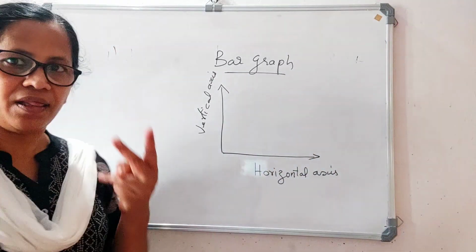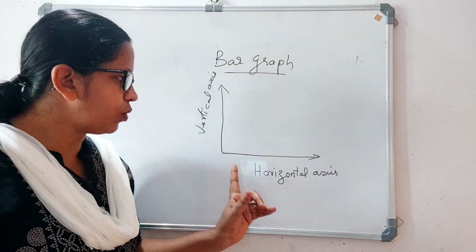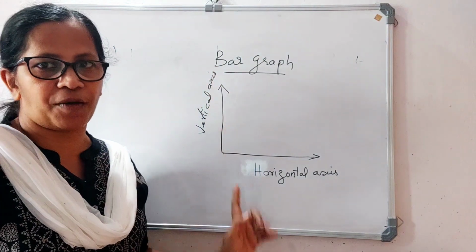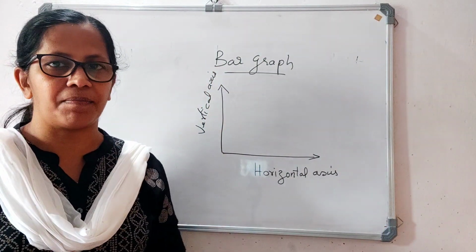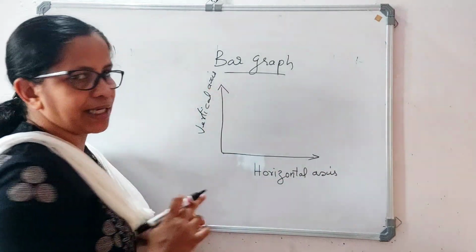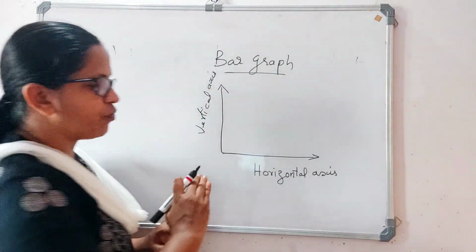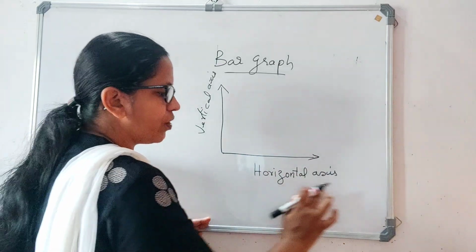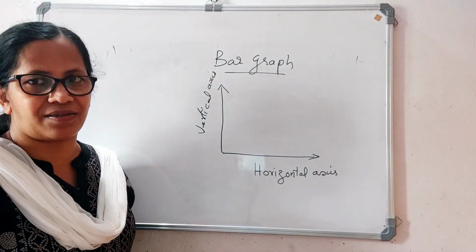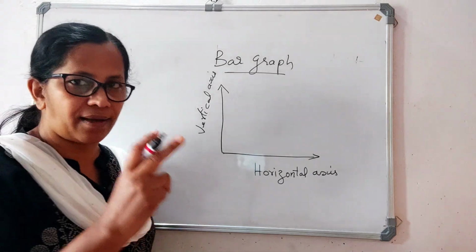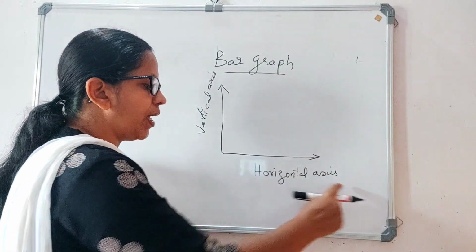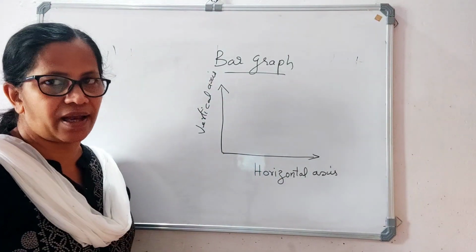So this is the main thing in a bar graph: there will be two lines, the horizontal axis and the vertical axis. This is the starting basic shape of the graph. So a graph will have two axes, one horizontal and another vertical.